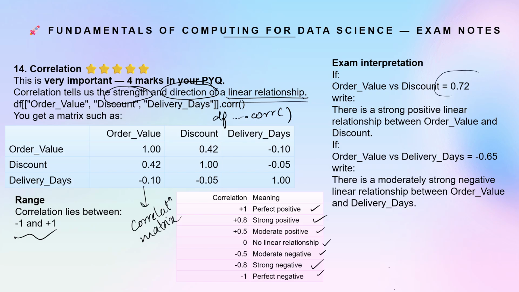Now let's say you get a value of df.corr as 0.72. That means there is a strong positive linear relationship. Whereas if you get -0.65, that means there is a moderately strong negative linear relationship between the two columns.